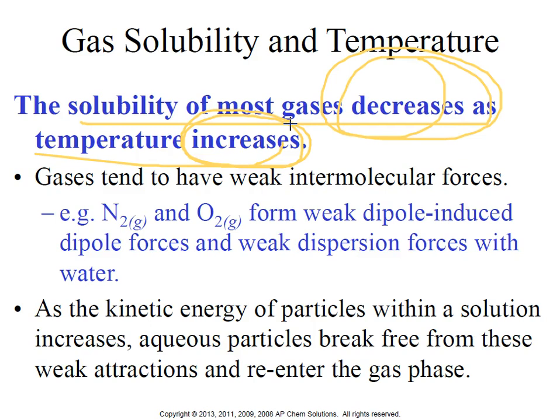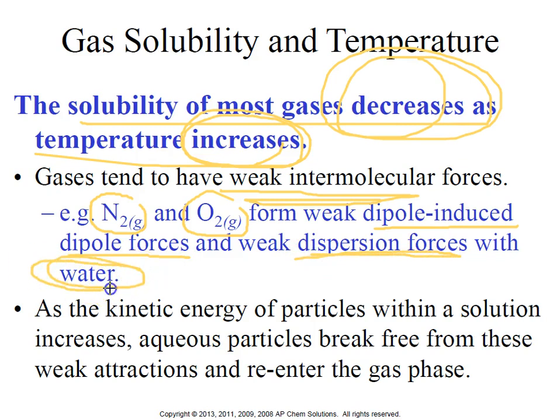The reason is that gases tend to have weak intermolecular forces. For example, if you have nitrogen and oxygen, those are going to be dipole-induced dipole forces or dispersion forces if they're in water, right? Because water is polar, so water has a dipole, and these do not.